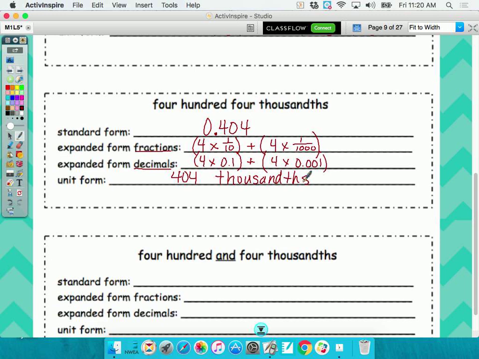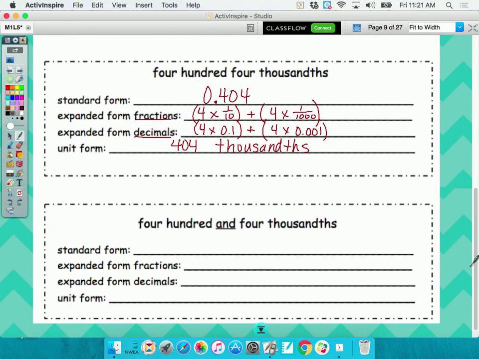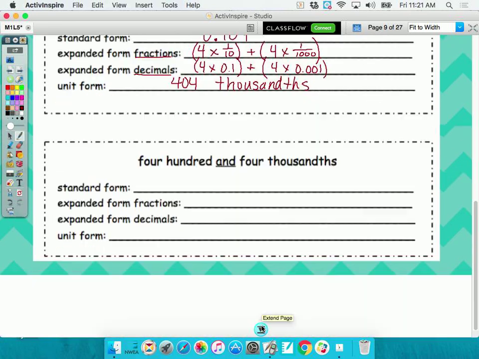So don't write anything yet, or else you might be erasing. On this today, I do not want you to work ahead. I want you to follow along with me, because on the problem set, I'm going to have you doing some on your own. Okay? So read this to me, boys and girls. 400 and 4 thousandths.